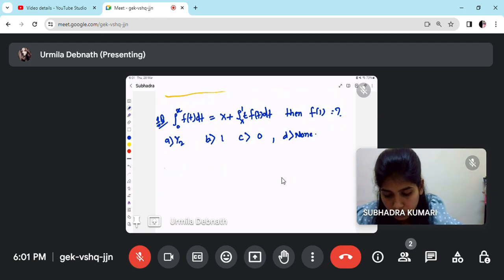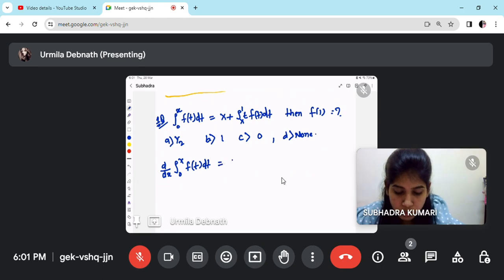Let's first differentiate the integral with respect to x on both sides: d by dx of the integral of f of t dt equals d by dx of x plus the integral from x to 1 of t f of t dt.